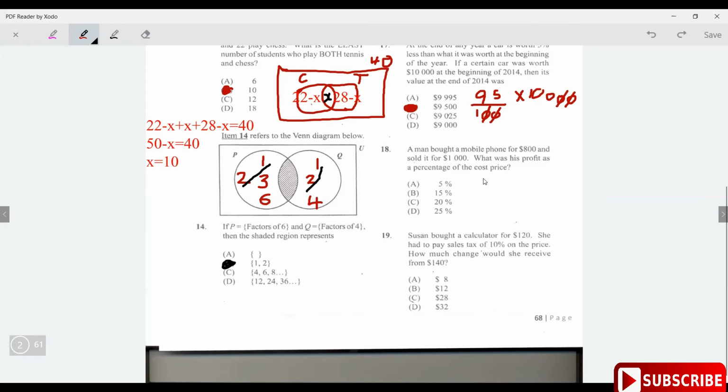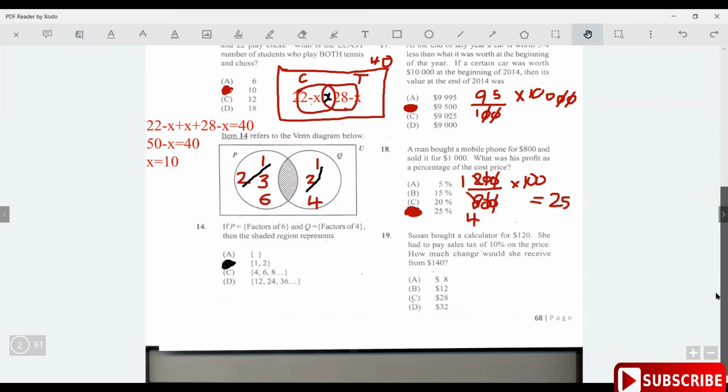So if you take that $200 and divide it by the initial cost price, which was $800, and multiply it by 100, what you're going to get is this 0 cancels this 0 cancels this. 2 into itself goes 1 time, 2 into 8 goes 4 times. 1 over 4 times 100, well, we know that is 25. And so he made 25% profit on that phone, which is crazy. He bought it for 800 and sold it for 1,000. He's a smart man. Easy question.